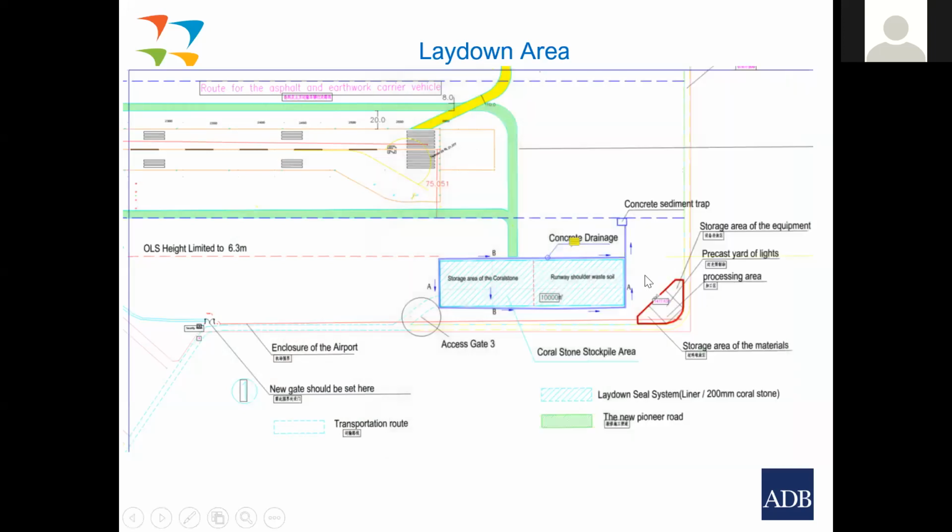We see storage area for materials, concrete drainage here, sediment traps, this sort of thing. So this is the level of detail that we want to see at his various sites. And this all comes from his construction method statements. Any construction method statement that has to be approved by the engineer would have to have this kind of plan with it. And we want to see environmental mitigation measures as part of that.